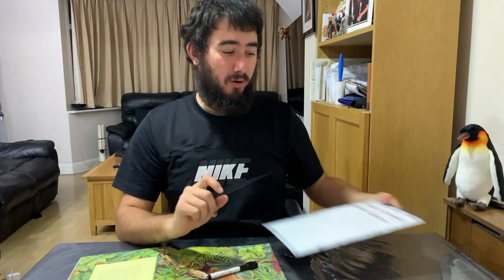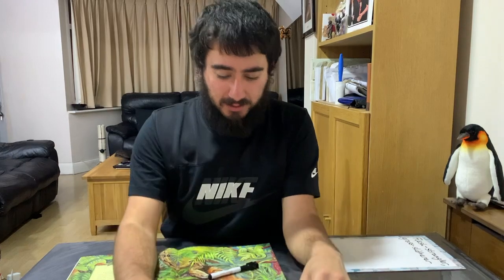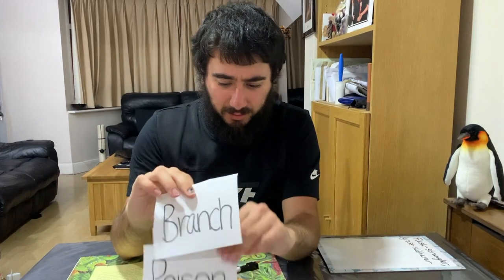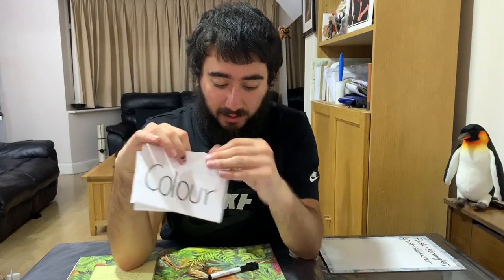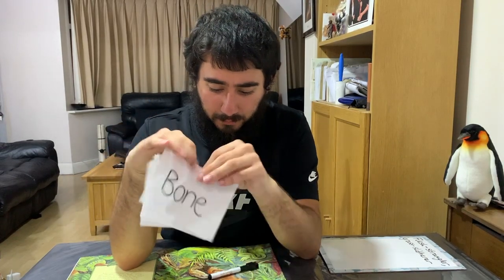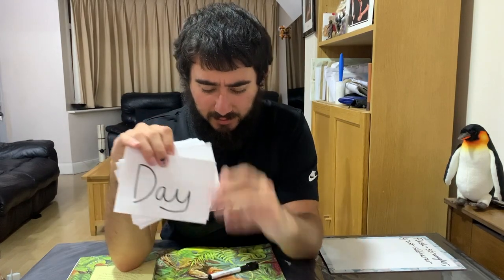I'm going to find one more, and then I'm going to move on to a different animal or thing in the rainforest. So I've got branch, poison maybe, air, colour, bone, human, fruit, day.